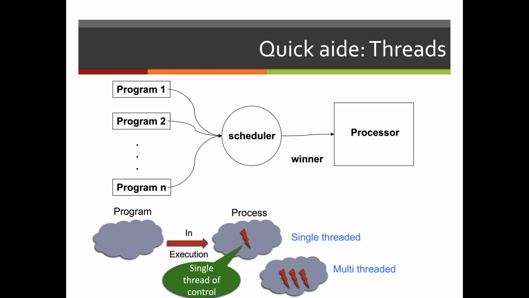And various chips can have different configurations for the way that they have threads enabled. So you can have a chip that has multiple cores, and each core can have multiple threads. So different processes are able to execute in that manner.